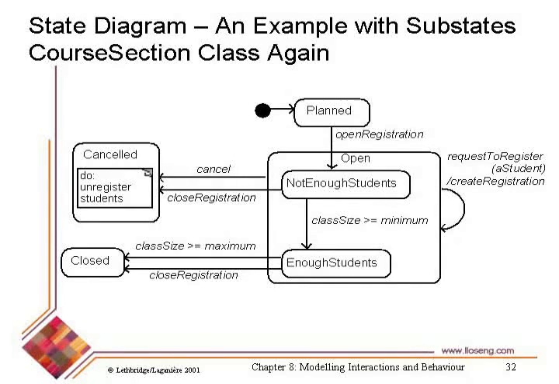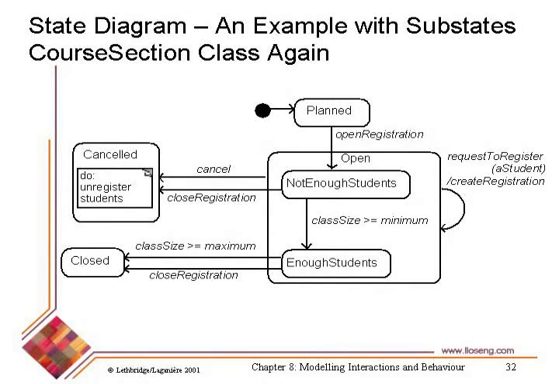Whereas before I had not enough students, request to register, create registration, and enough students had the same transition on it, if I put a box around these two, call it the open state, I can prevent the redundant duplication of this transition, and just put it as a reflexive transition around the outer open state.